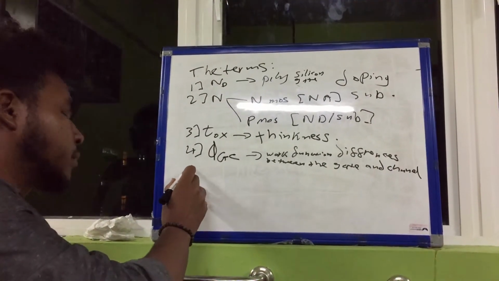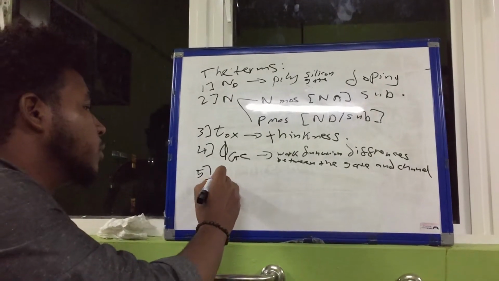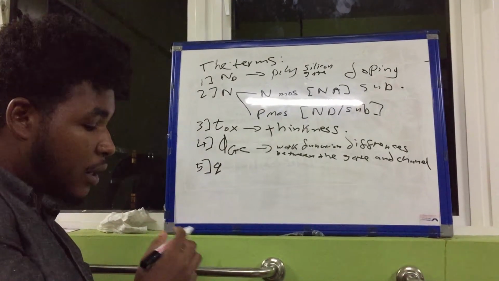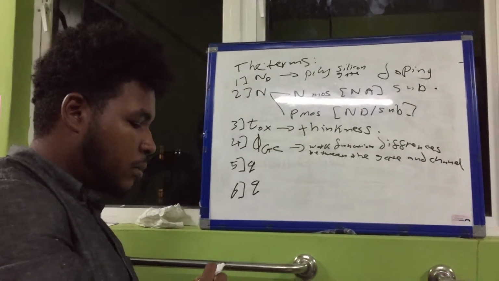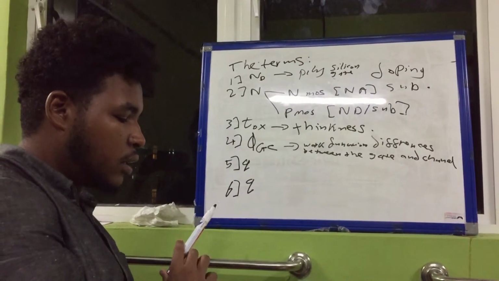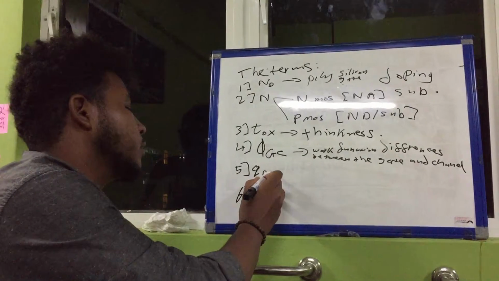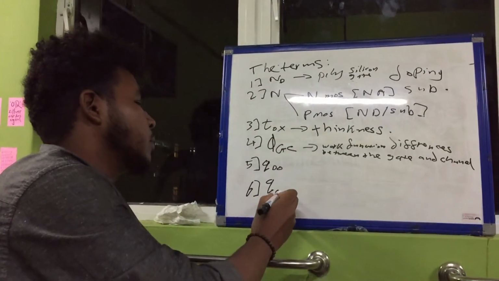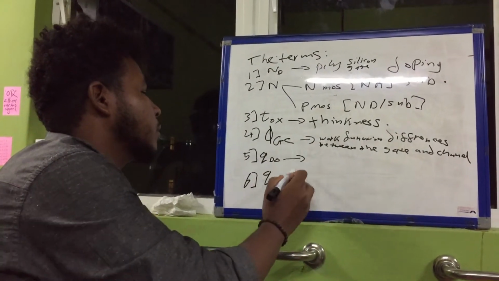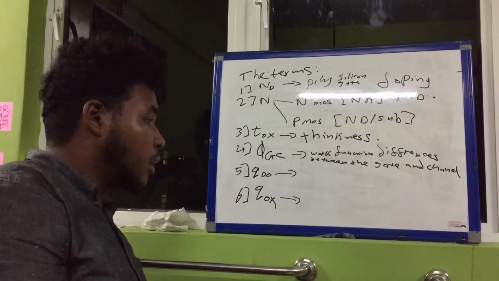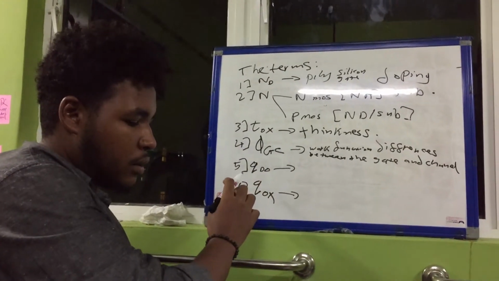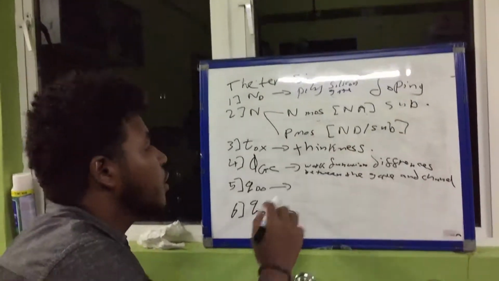Number 5. Actually 5 and 6 are Q. What will differentiate them is that we will say QDO and QOX. Q is the charge density.